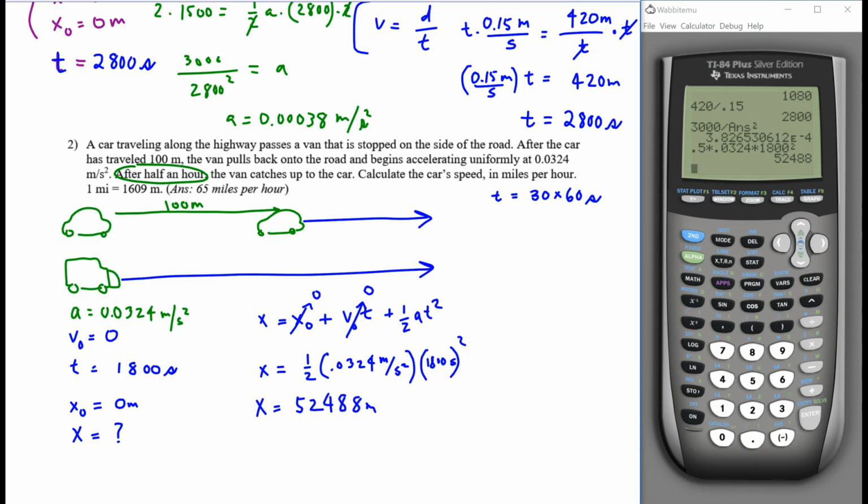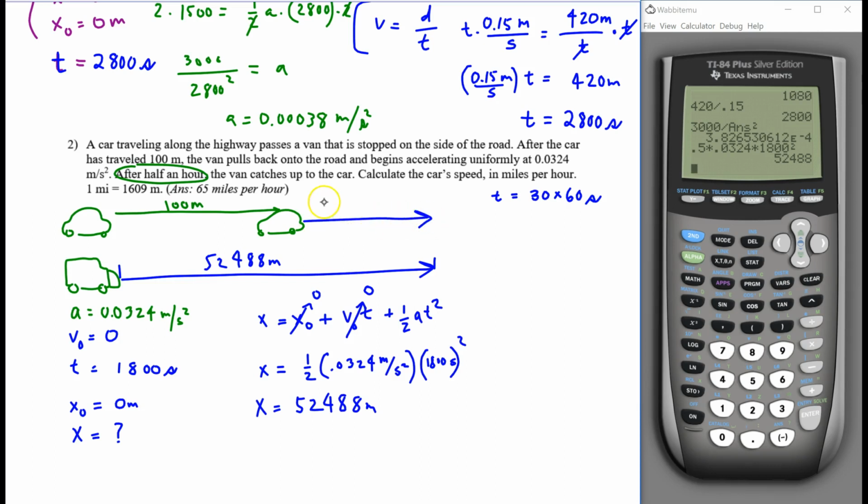Okay, so is that the distance that the car travels? Well, not quite. The blue distance is not quite the same as this blue distance. In particular, if from here to here is how far the van went, what's this value right here?